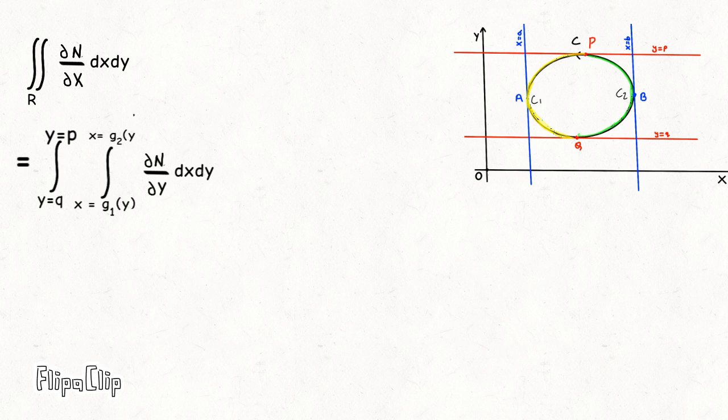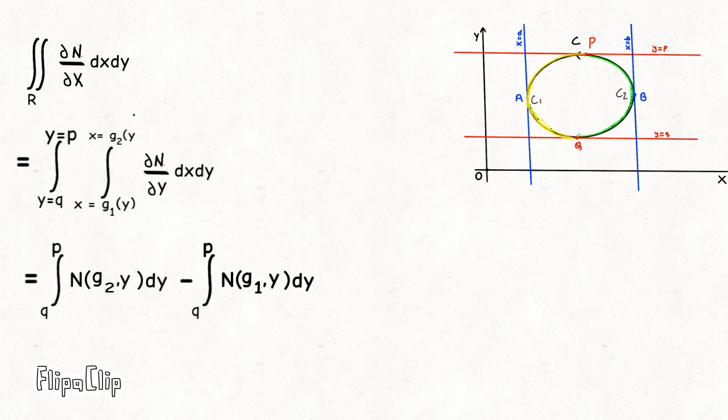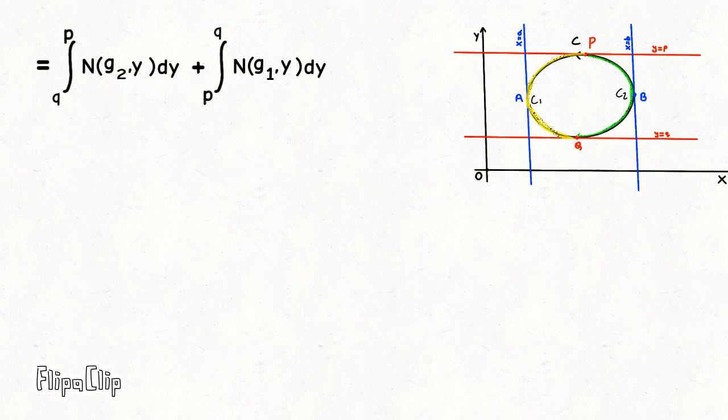Now integrating the dx part, we can see in the second part the integral is from q to p via the left path, which is clockwise, so we have to make it anti-clockwise. So we simply change the negative of the integral from q to p to the positive of the integral from p to q.